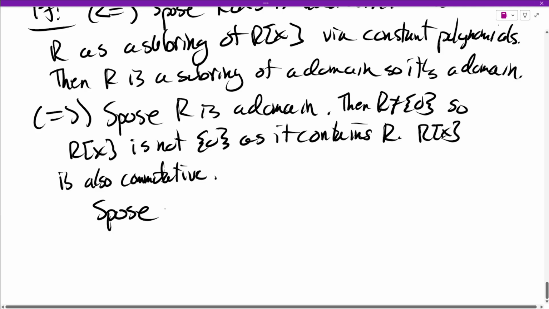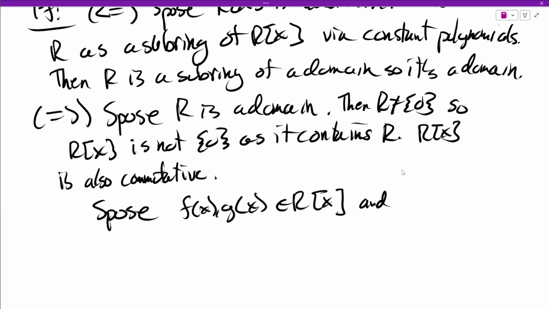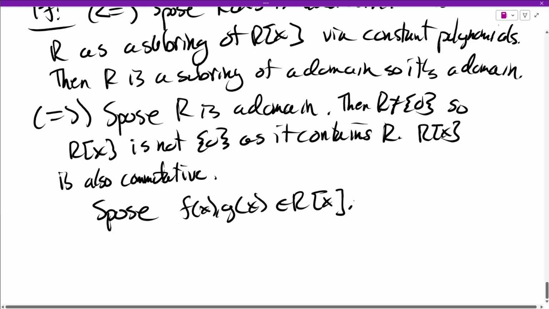Okay, so to show that there's no zero divisors, we have two polynomials. Let's just say suppose we have two polynomials.